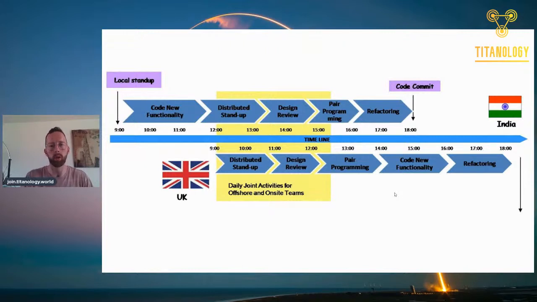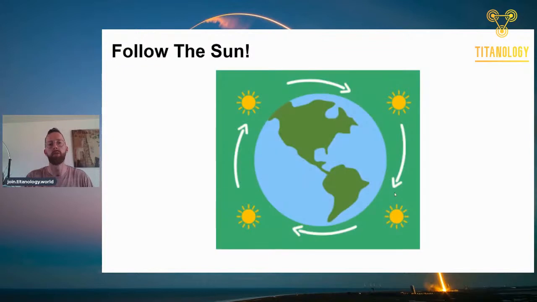Now, another principle that you can use is follow the sun. Following the sun means that you have your team across the world from one time zone till the other, where you can design also your process and your working style towards the different time zones.